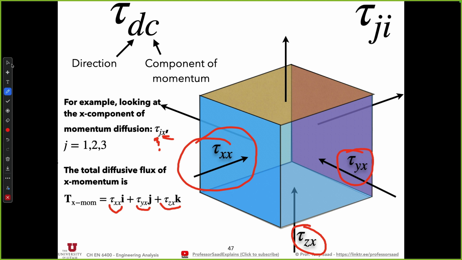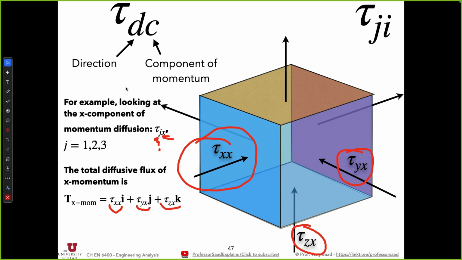Now, it's not surprising that the diffusive flux of x momentum is a vector, just the same way as the advective flux. Remember, x momentum diffuses in three directions, x, y, and z. So it's still the x momentum component, but it's a diffusive flux vector.